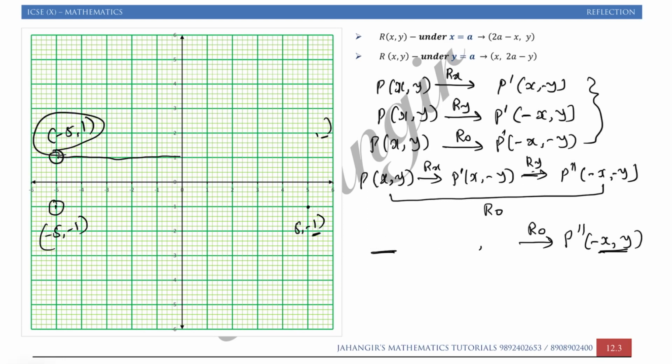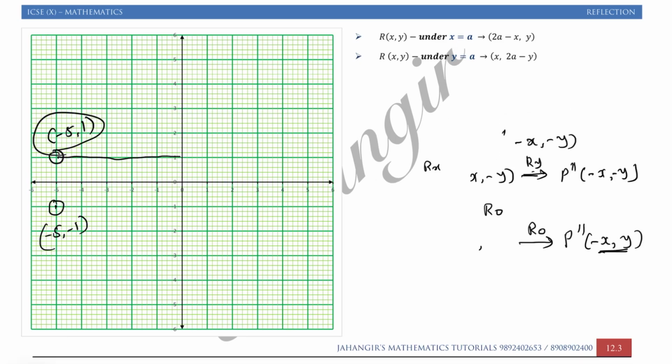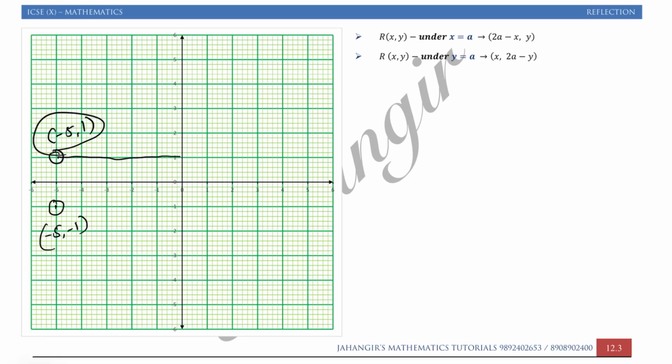Now I will teach you reflections in some other axis, some other vertical line. See, there are three types of line. One is a slanting line, one is a horizontal line, and one is a vertical line.